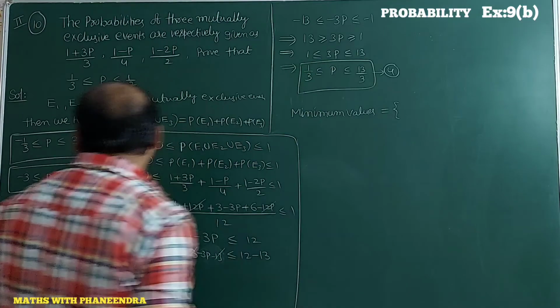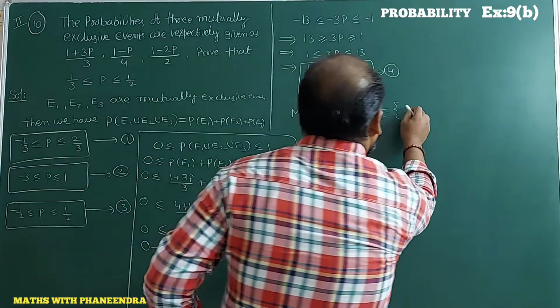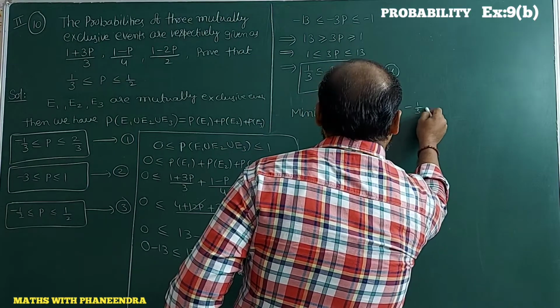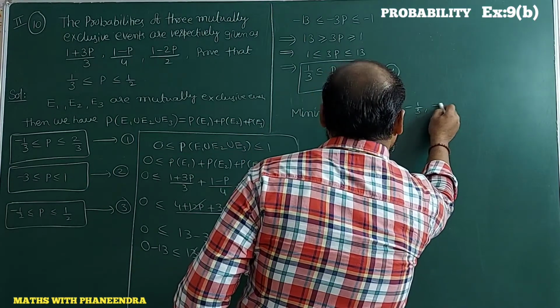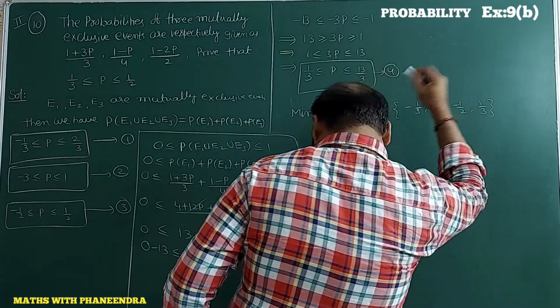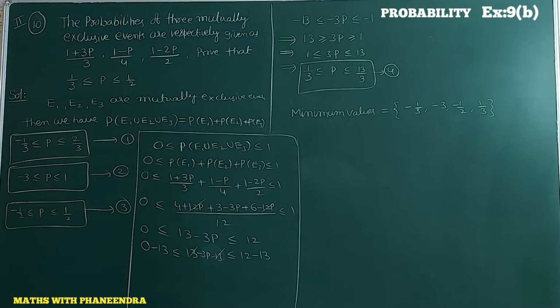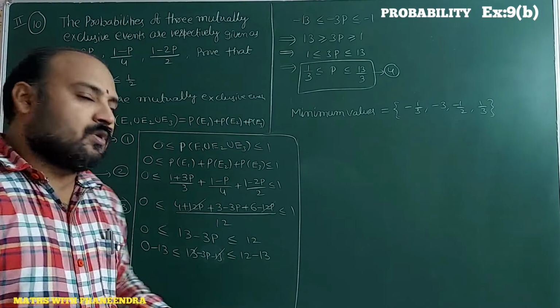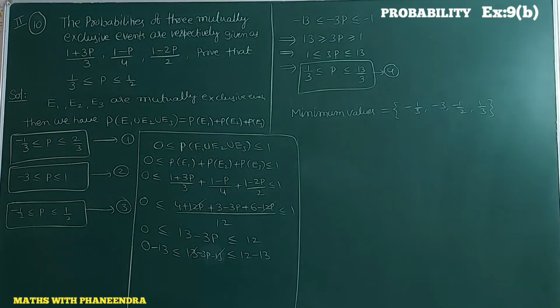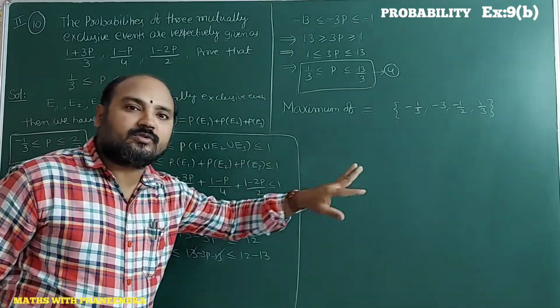What are the minimum values we have? Minus 1 by 3, minus 3, minus 1 by 2 and 1 by 3. See here students, previously I wrote here minimum of, now, so that is not correct.